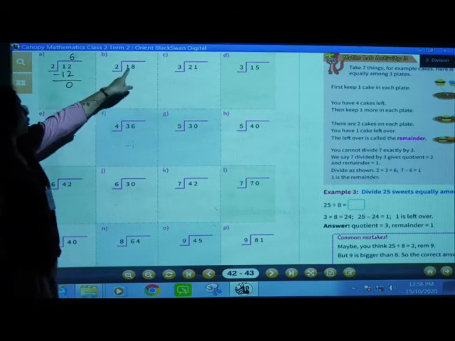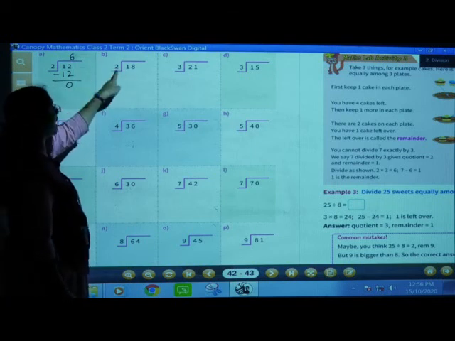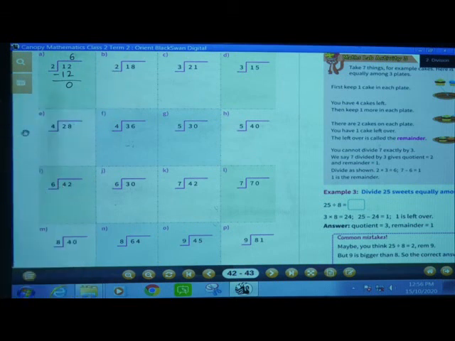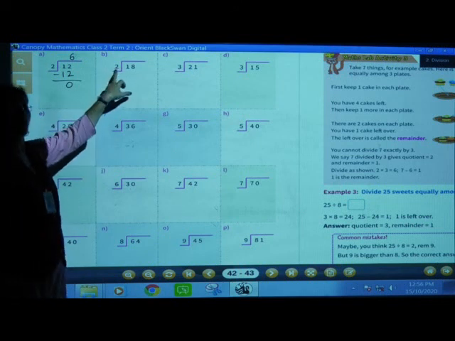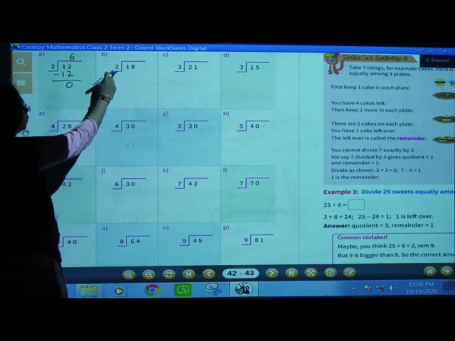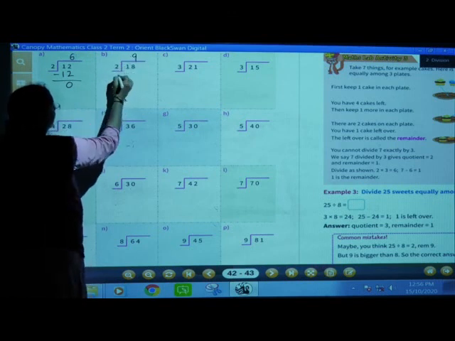B number 18 divided by 2. We have to say table of 2 till we reach 18. 2 ones are 2, 2 twos are 4, 2 threes are 6, 2 fours are 8, 2 fives are 10, 2 sixes are 12, 2 sevens are 14, 2 eights are 16 and 2 nines are 18.